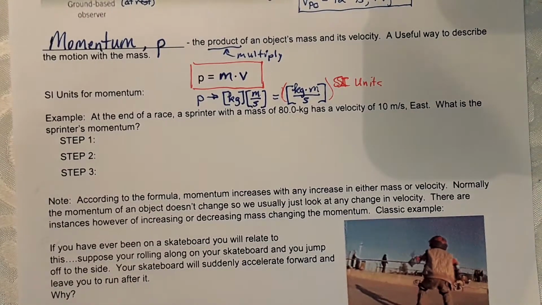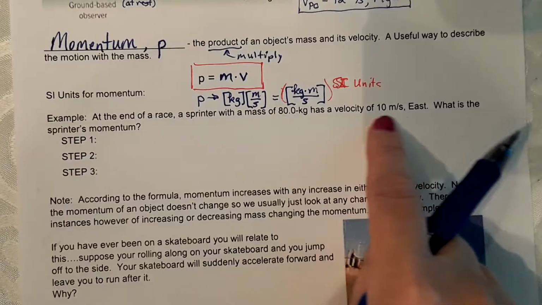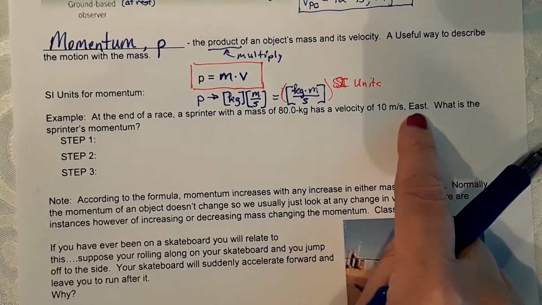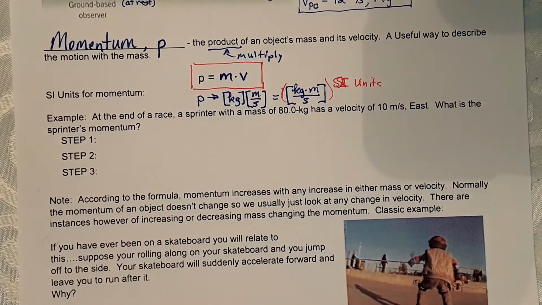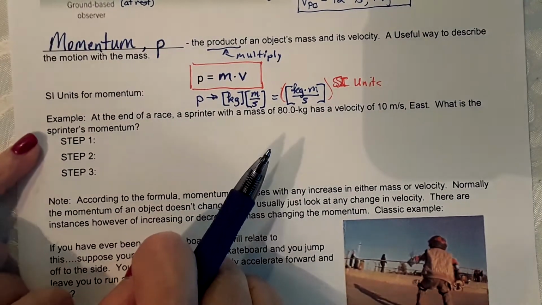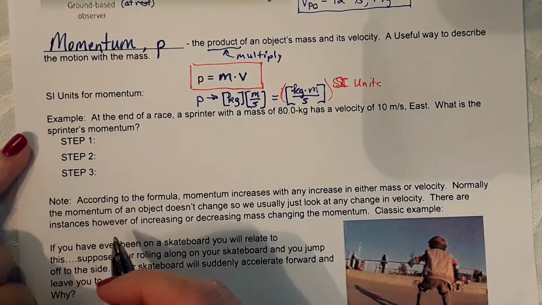All right, look at this example. It says, at the end of a race, a sprinter with a mass of 80 kilograms has a velocity of 10 meters per second east. And we want to know what is the sprinter's momentum. Let's go through our three-step process. The first thing is we identify what we have.